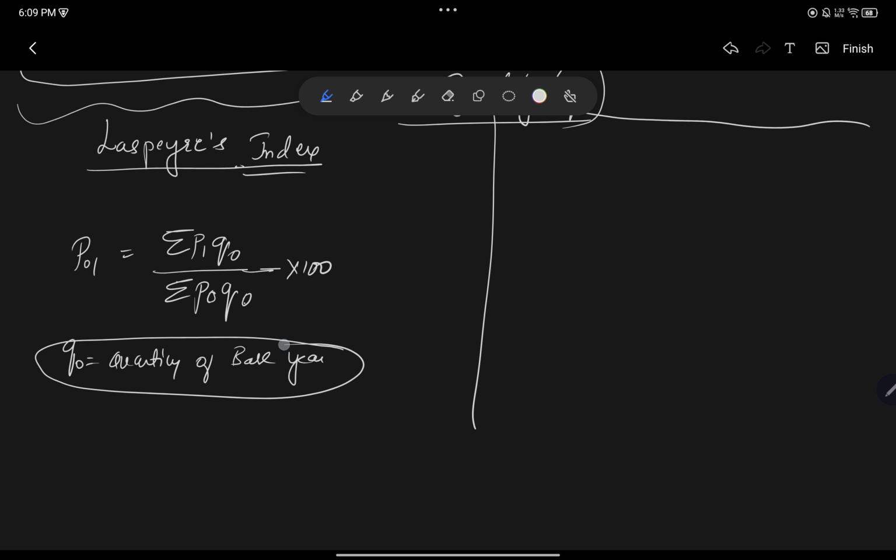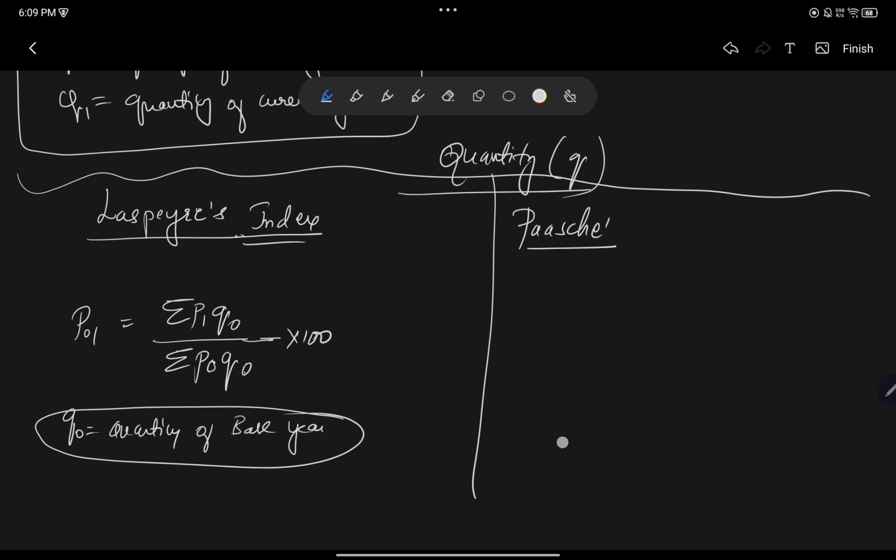But there was someone known as Paasche. He was not happy with the formula. He said, how can you take the quantity of the base year to know the index number? I am not satisfied with that.